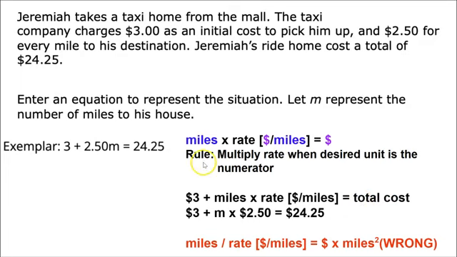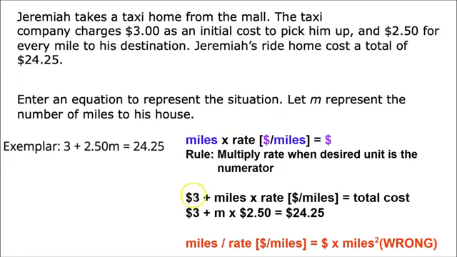What we don't know is the amount of miles that Jeremiah ends up traveling, but we know the rate. And so if you have miles times the rate, then you will have the dollar amount that he is being charged. And remember, when you're dealing with rates, if you have the desired units in the numerator, because we want to have dollar amount, because that's what we're trying to figure out, the cost of his ride going back home, that means you times the rate.